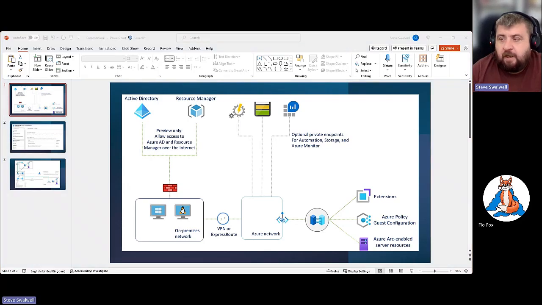Any questions around that one, Flo? No, but what a critical one. For Arc we are perfectly fine. But what about Azure Stack HCI? As you know, there is the registration service within Azure Stack HCI, and that one is using Arc, but not the same endpoints like the server manager.